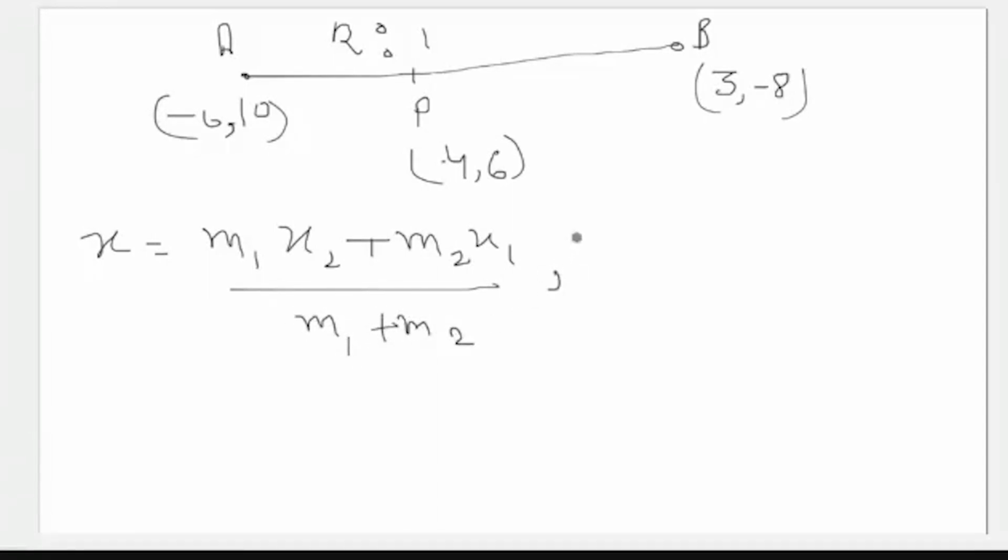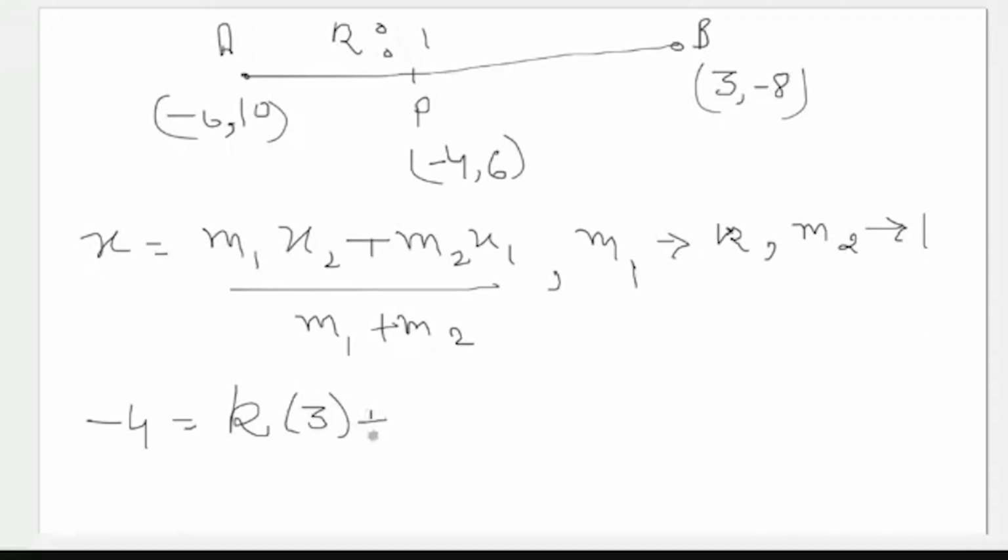In this case, m1 is working as k and m2 is working as 1. So now we have to put these values. Here x is equal to -4, m1 is equal to k, x2 is equal to 3, m2 is 1, x1 is -6, divided by k plus 1.